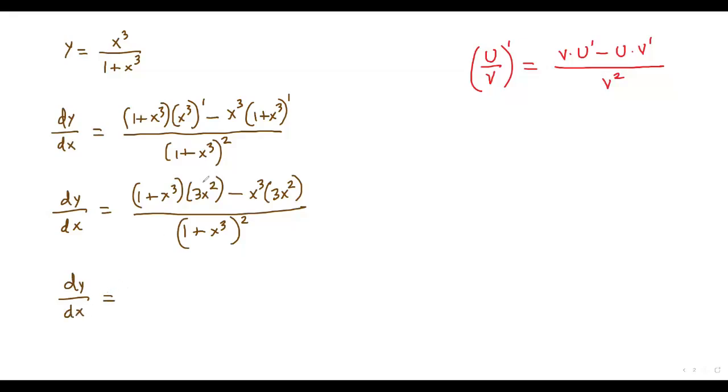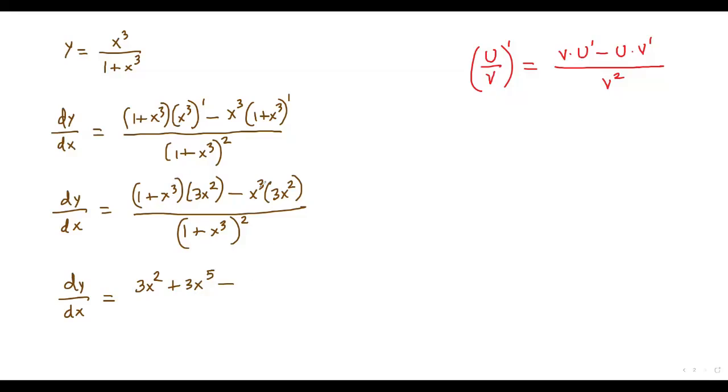Okay, now dy over dx equals, now we have completed the derivative finding process, so we have to simplify. When I distribute this 3x square to 1, I'm getting 3x square, because 3x square times 1 is just 3x square. When I distribute this 3x square to x cube, I'm getting positive 3 times x to the fifth power. When I multiply these two terms, x to the third power and x square, both terms have the same base, so I take the base once, and when I multiply them, I add the exponents, 3 plus 2, 5.